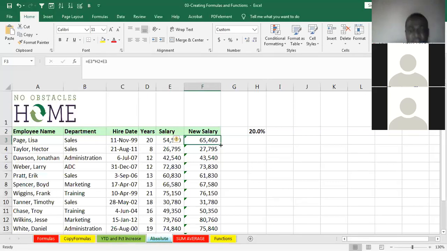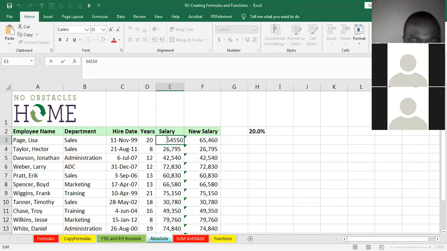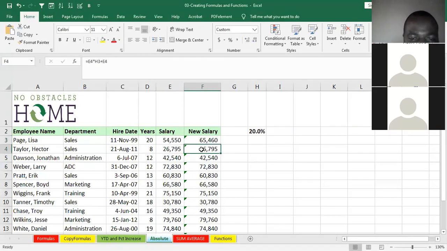If you drag it, it is not going to work well. You remember that this formula for Lisa's own was the old salary times 20% plus the old salary.